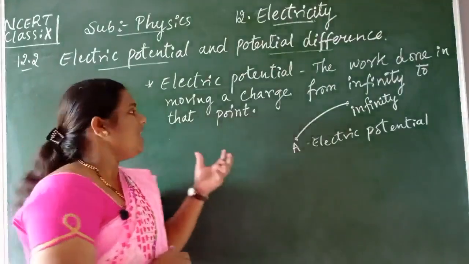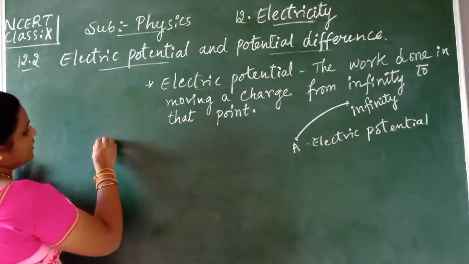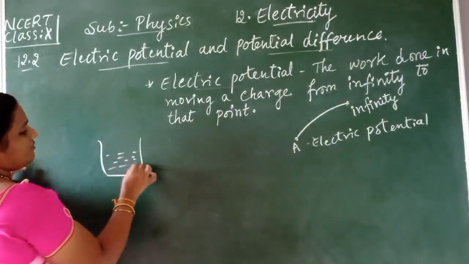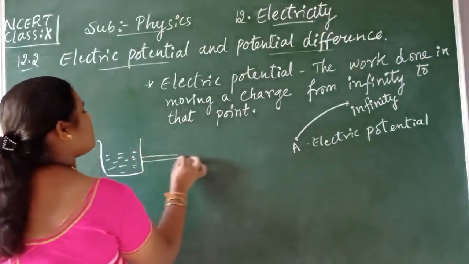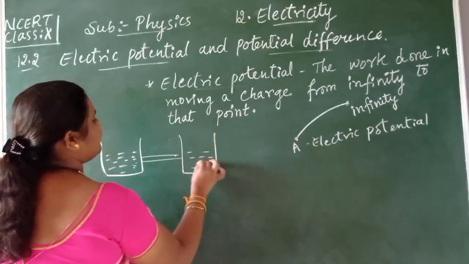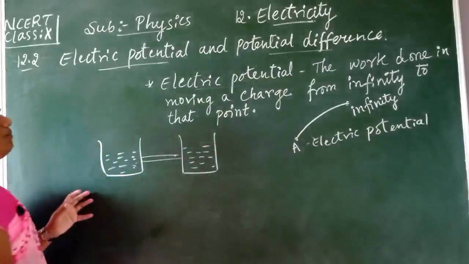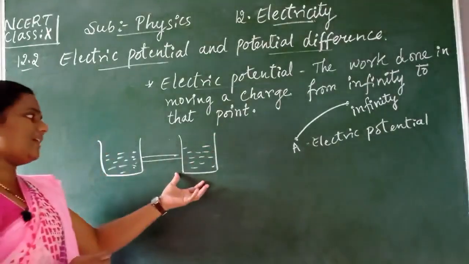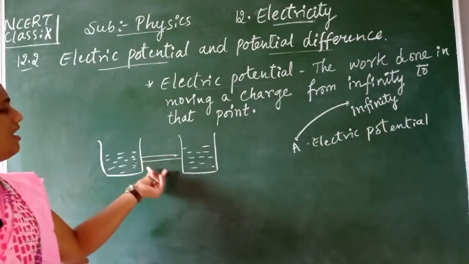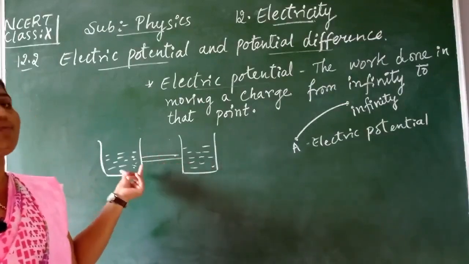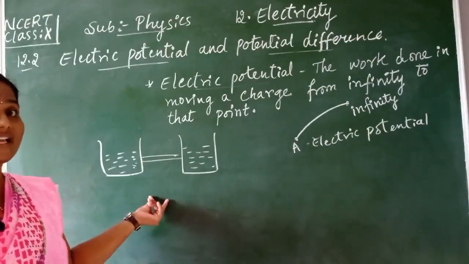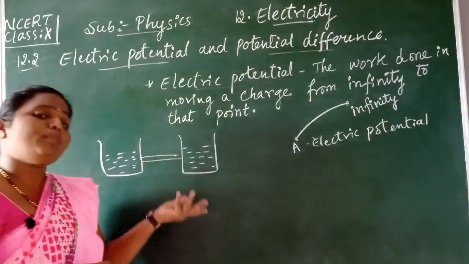For example, I keep two water tanks filled with water and connect them horizontally. If both tanks are kept at the same height, connected by a horizontal tube, we cannot find the flow of water from tank 1 to tank 2. You know, children, what is the reason? Because there is no pressure difference.